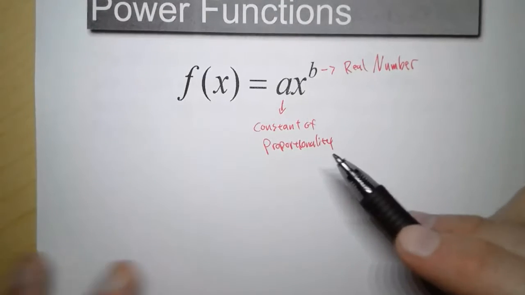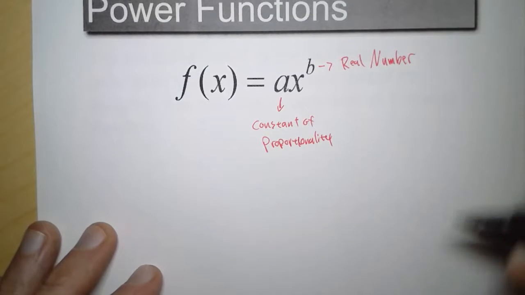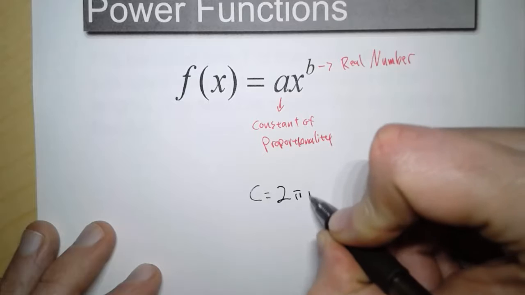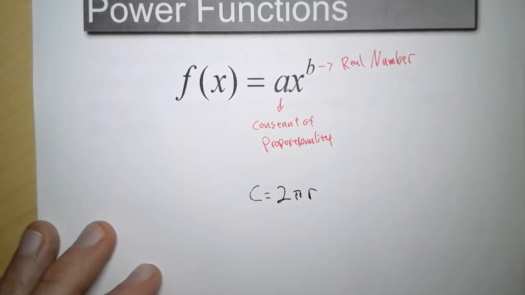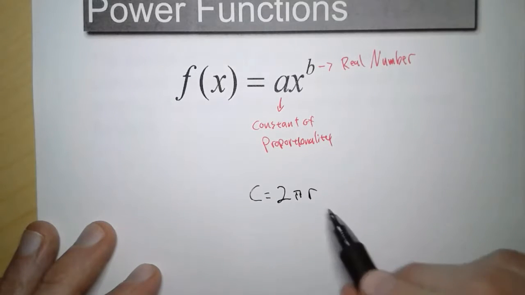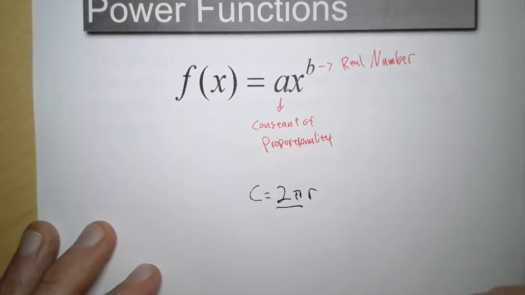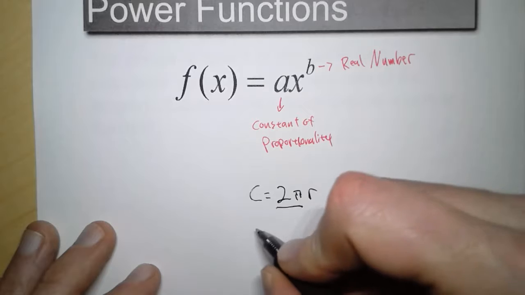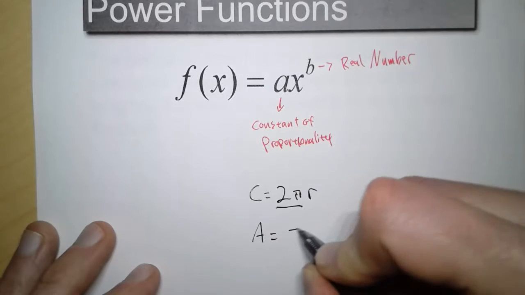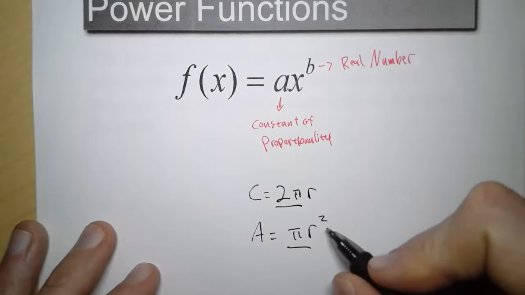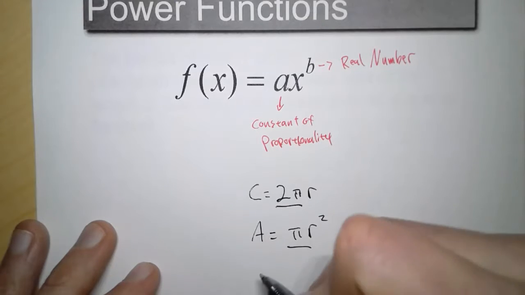Now, for some quick examples of power functions you've seen before, how about this? Circumference equals 2 pi r. That's a power function. You're relating the circumference to the radius, and that right there is your constant of proportionality. Another one, if we're staying in the circle realm, would be pi r squared, where pi is your constant and r is being raised to the second power.